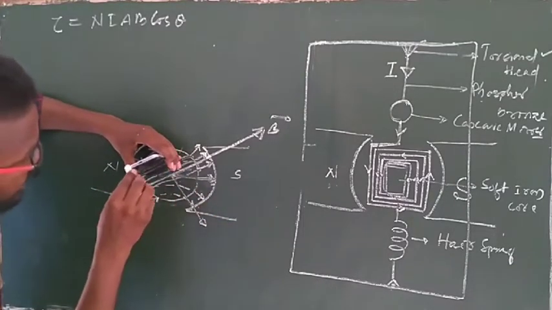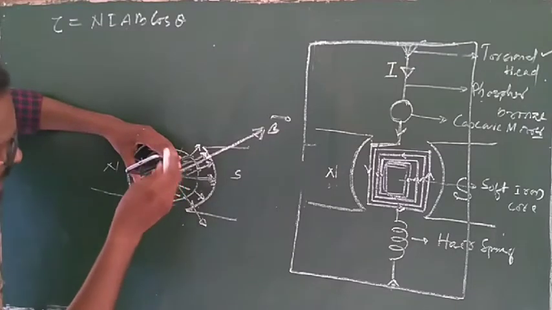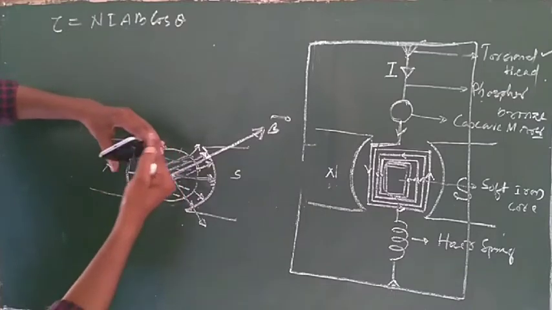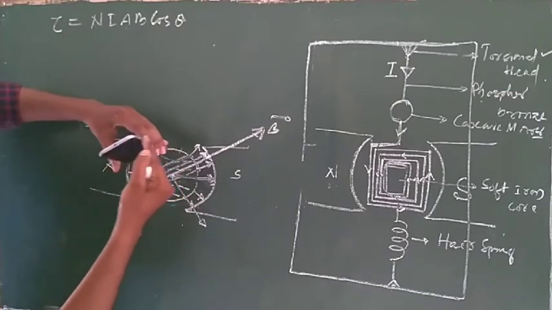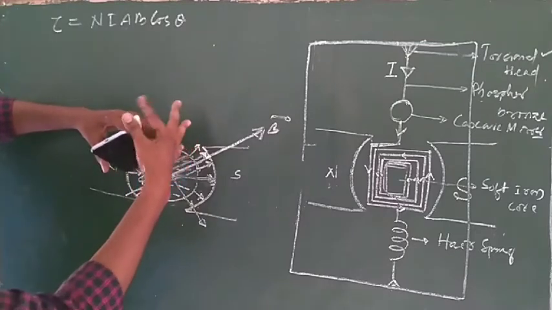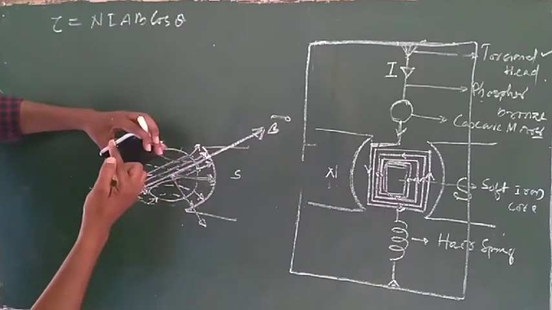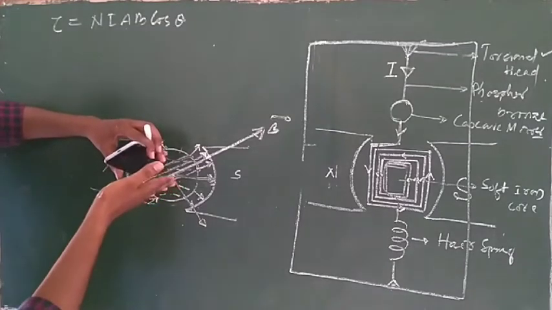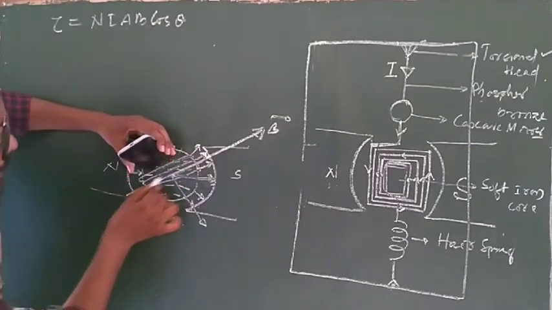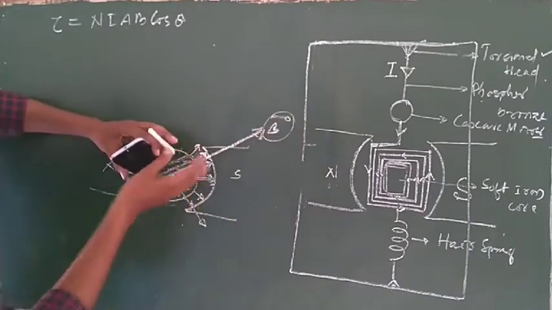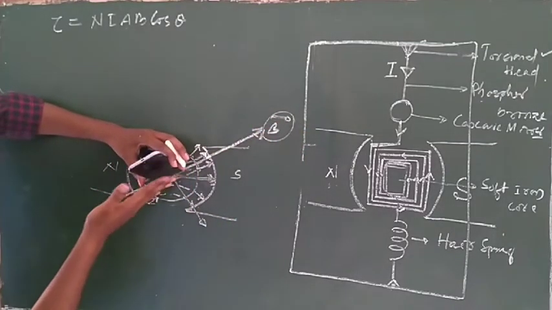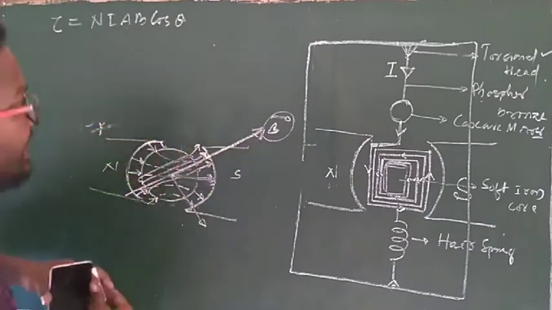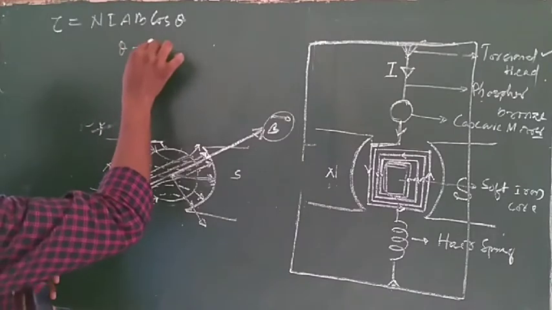Clear? So if this is a turn, then this is the plane of the coil. A number of turns make a current carrying loop, and this is the area of the loop. But in this case, if this is the direction of magnetic field, then this is the plane. So the direction of magnetic field and the plane make an angle theta equal to 0 degree.